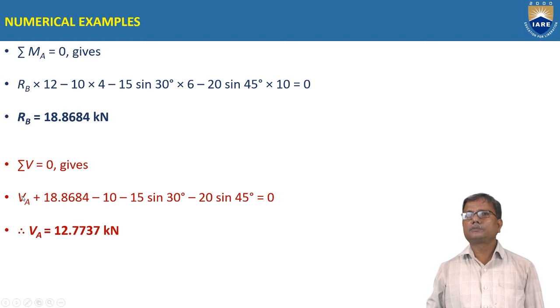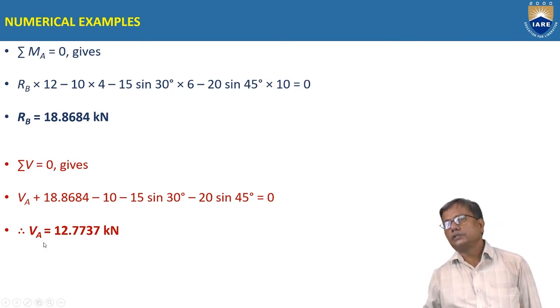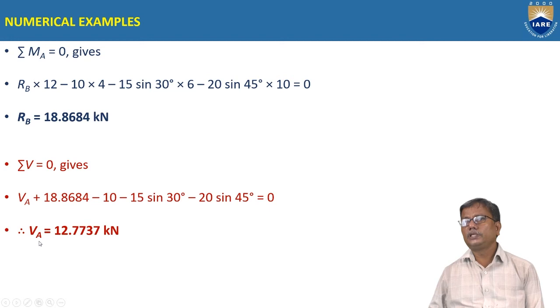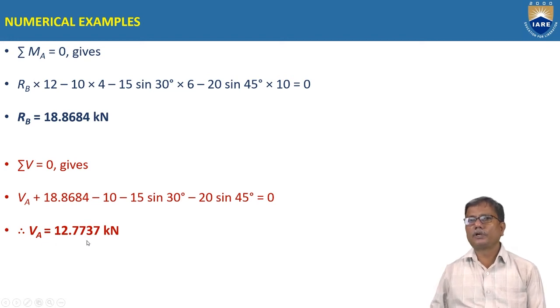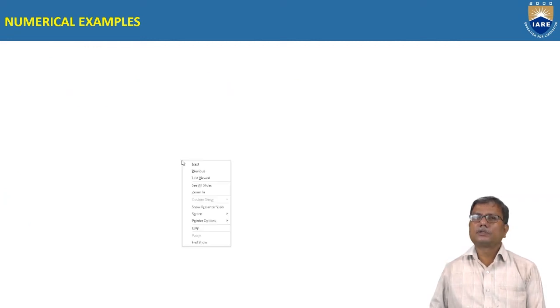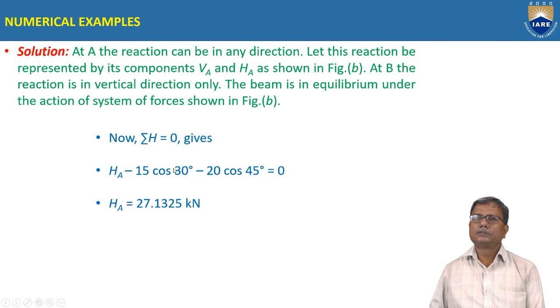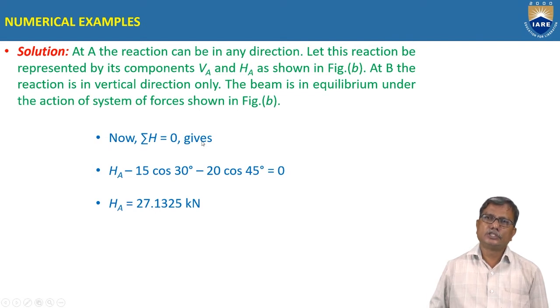Or we can equate the sum of VA and RB to these forces. This gives the vertical reaction at A, VA, as 12.7737 kilonewtons. And one more reaction, that is HA, which is obtained by applying the condition sigma H equal to 0.